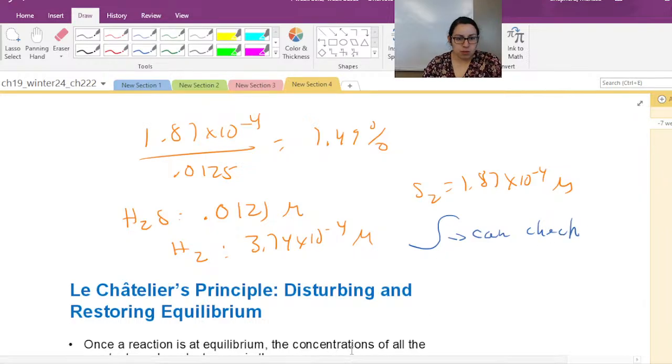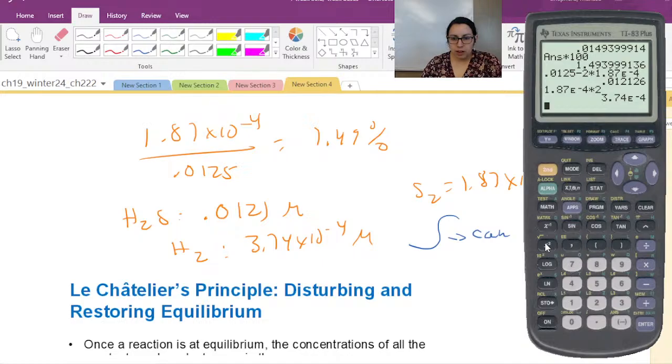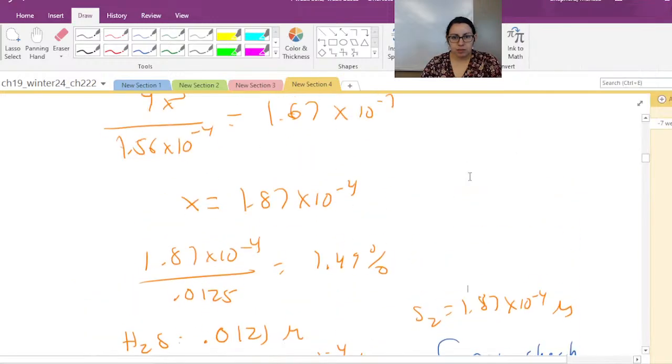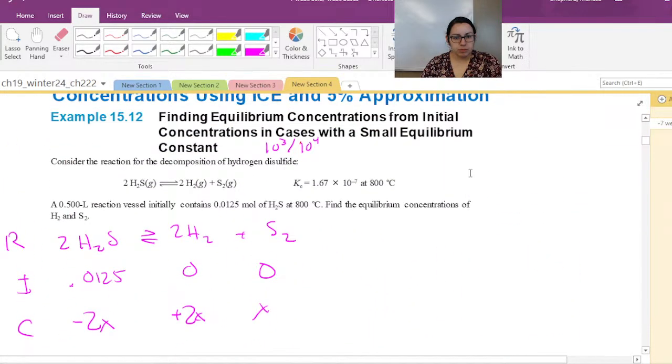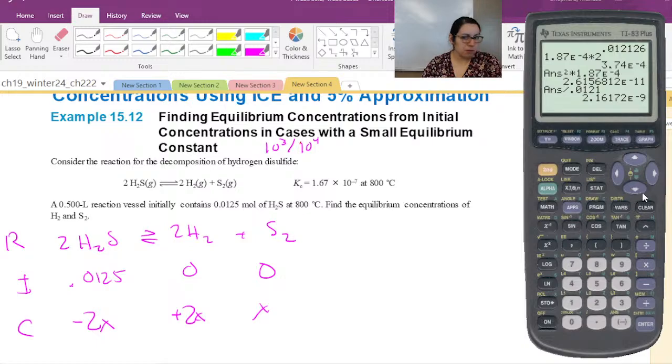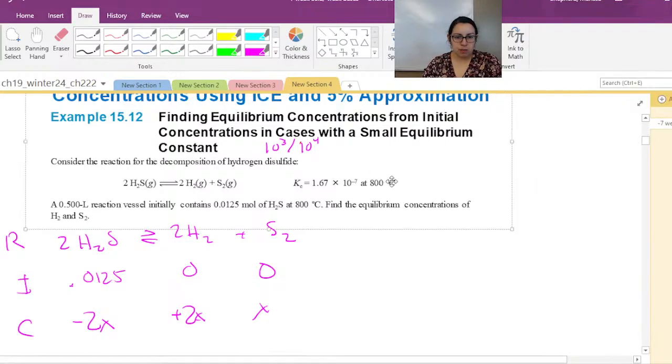And so we could make sure that that all works out. So that squared times our 1.87, and then divided by our final concentration. Oops, did I plug something in wrong? Oh, I didn't square the bottom. There we go. So that matches roughly with our equilibrium constant.